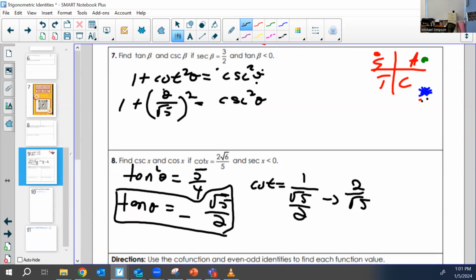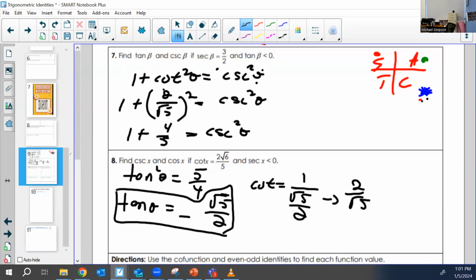So now if I square this, it gives me 1 plus 4 over 5 equals cosecant squared theta. When we add this, 1 plus 4 over 5 gives me 9 over 5.